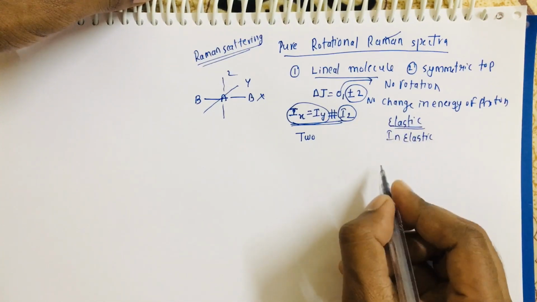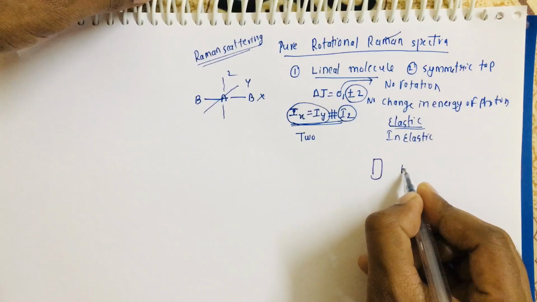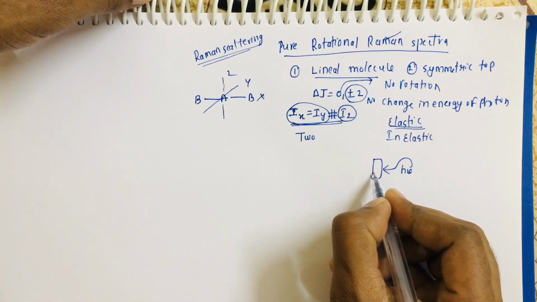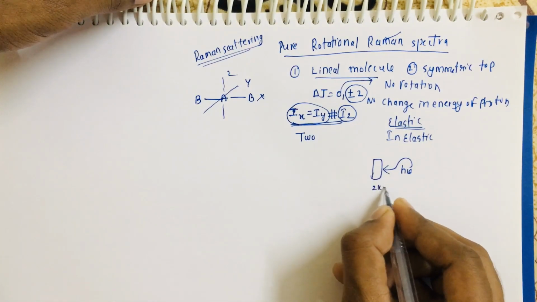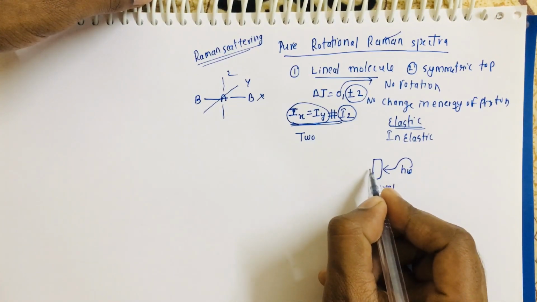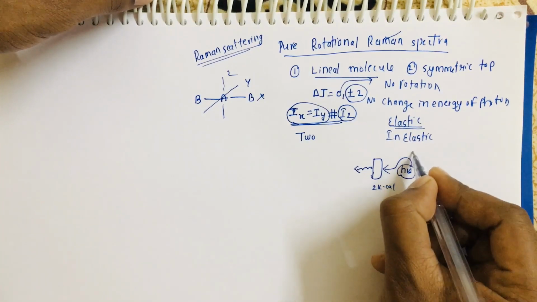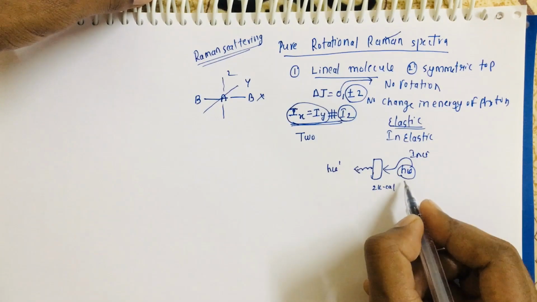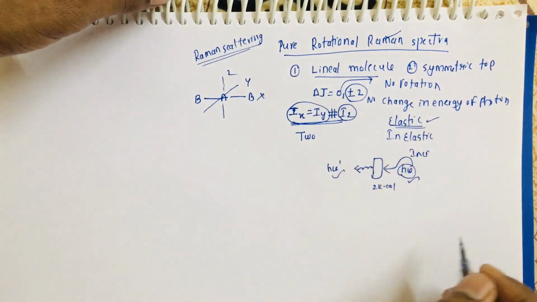Elastic collision means we have a photon that we hit with some energy h nu, imagine 2 kilocalories. After hitting, the emitted photon has the same energy as the incident photon. That is called an elastic collision.